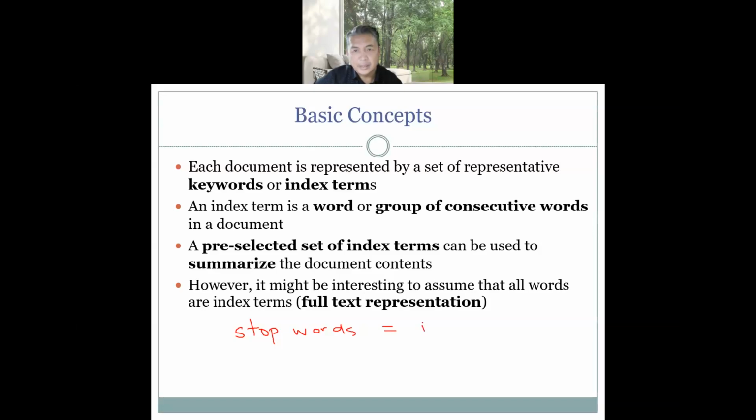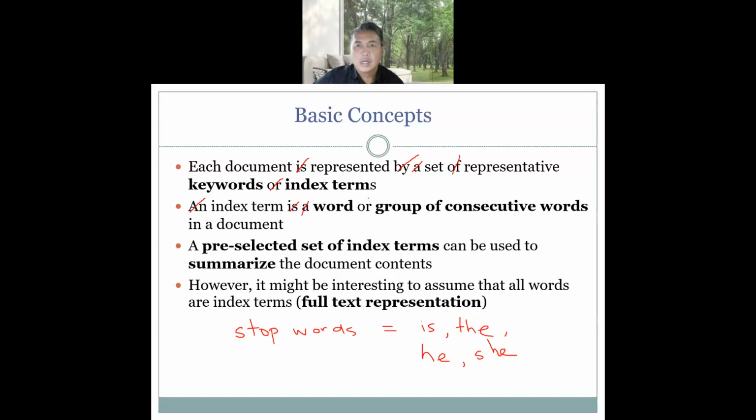For example, is, the, he, she and so on. So if I look at this page, this is not a good index that can be used, so this can be removed.